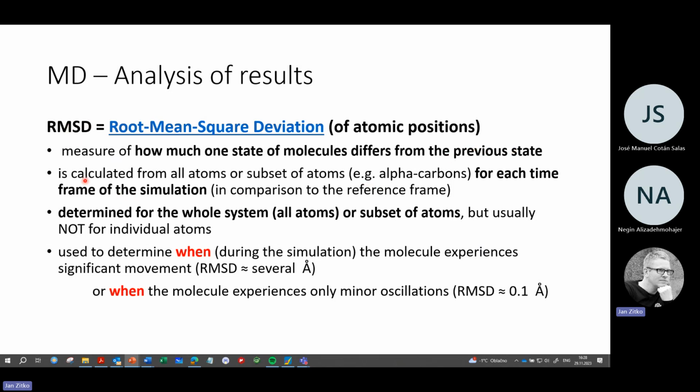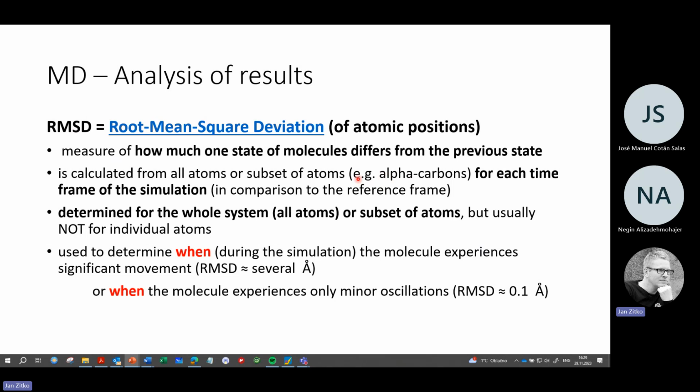The RMSD can be calculated from all atoms in the system, but more often it's taken from, let's say, the protein, because of course you are not comparing the position of solvent atoms. That would be nonsense.